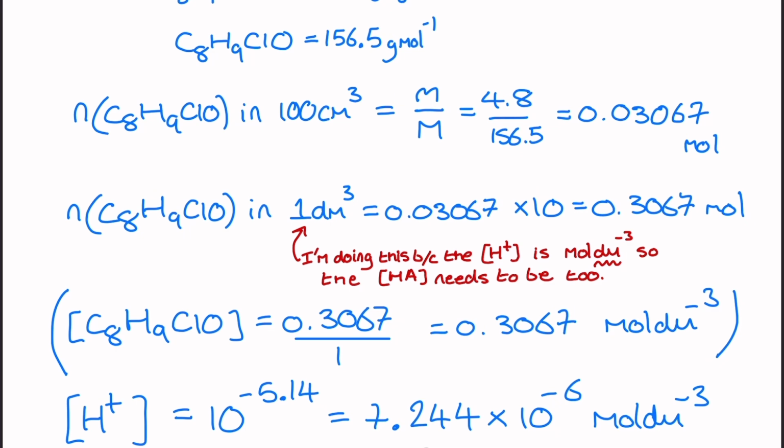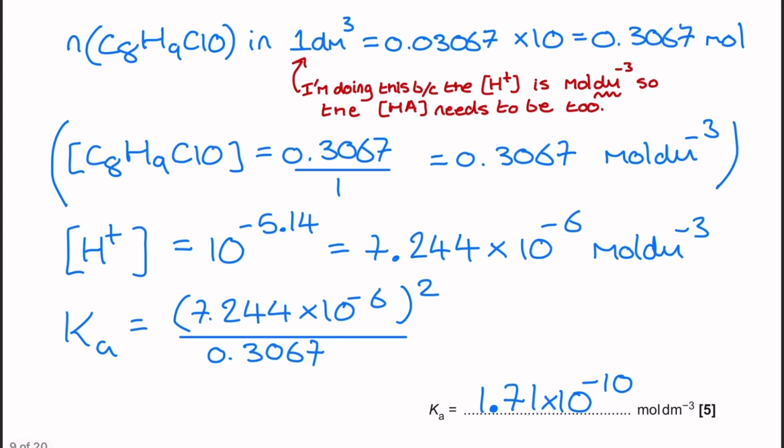So if I know the number of moles in 100 centimeters cubed, I multiply that value by 10, and I have now the concentration of the chloroxylenol in the Dettol, which is exactly what I need. I'm also just here reinforcing that idea, because even if I was to take that mole value and divide it by the volume, which is 1 decimeter cubed, I get the same number. So I've now got the concentration of the chloroxylenol in the Dettol.